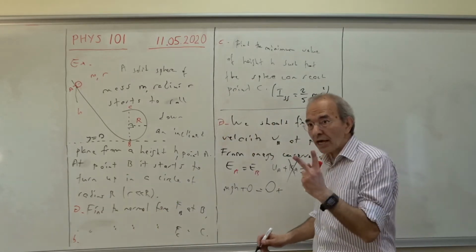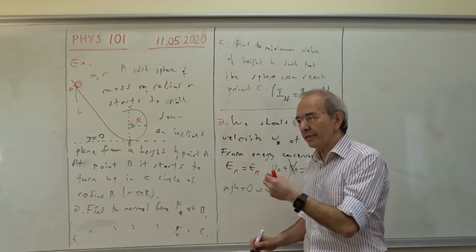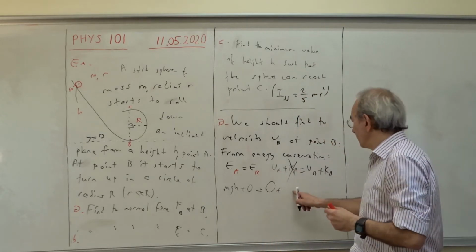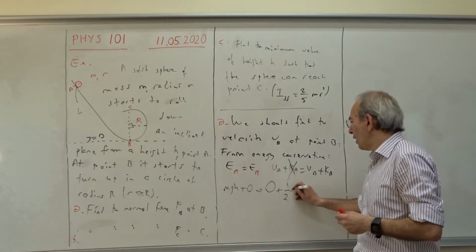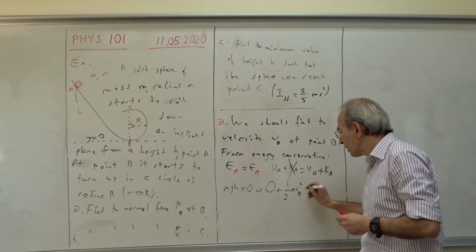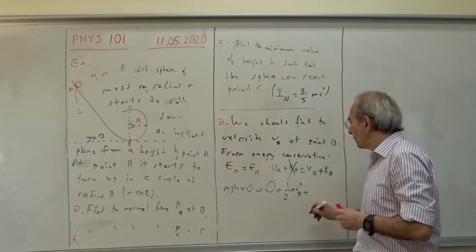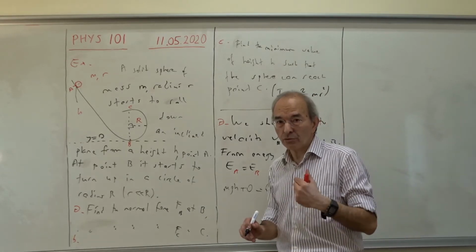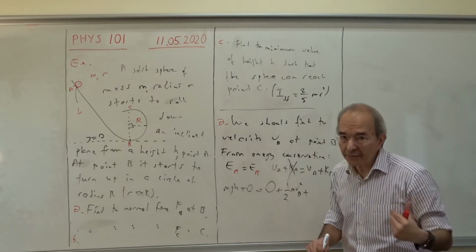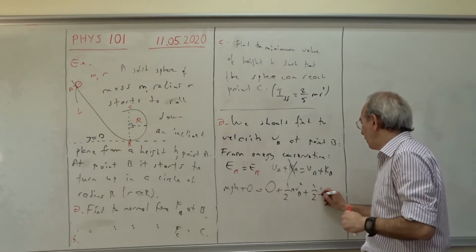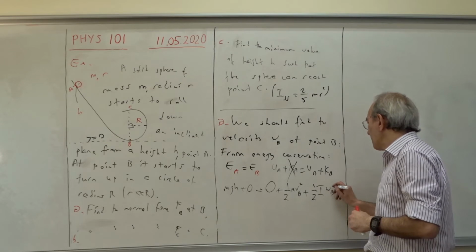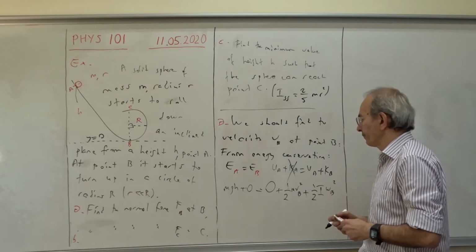But it has two kinds of kinetic energy, one linear, the other rotational. The linear one is 1/2 m Vb squared. And don't forget the additional angular one, 1/2 I omega b squared. What is omega?